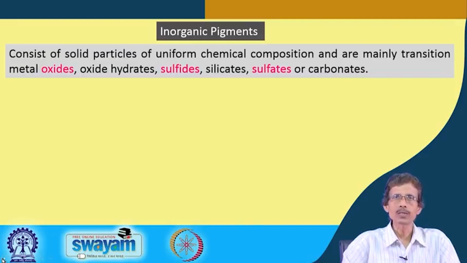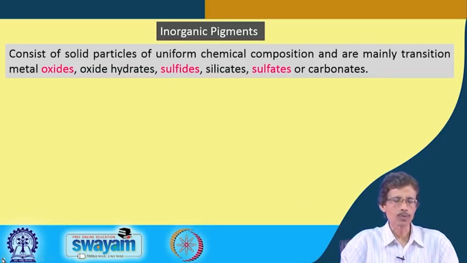What are those materials? Inorganic pigments we can define in a way that these are solid particles, of uniform chemical composition. It is not a typical mixture of one part A and another component B or another component C. It can have a uniform chemical composition.